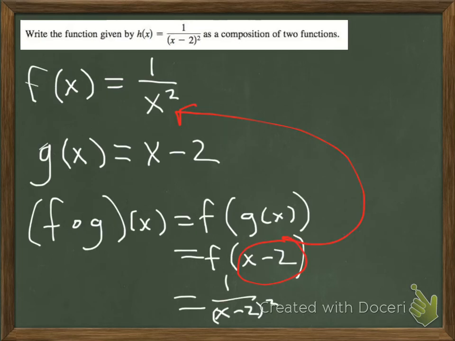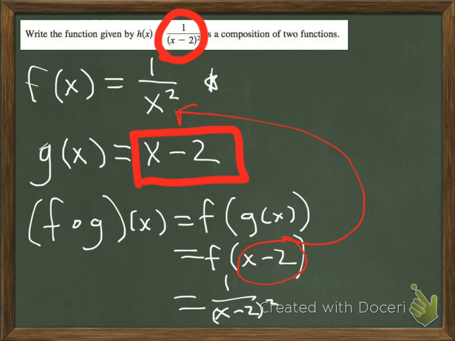But the way you want to think about it is write the parent function of h and then decide what you would have to input for x in the parent function so that it would become h of x. Okay? So again, in this case my parent function was 1 over x squared, and for it to become h of x I had to plug in x minus 2 for x.